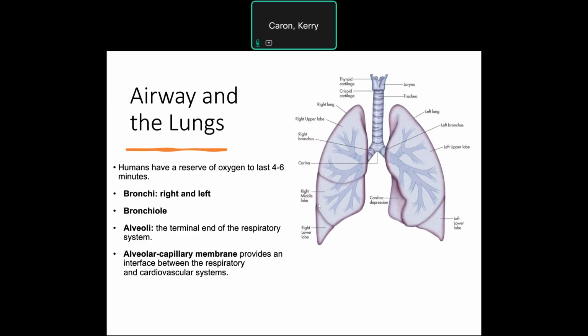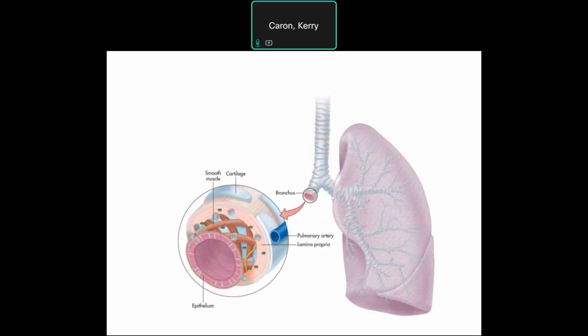The alveoli, remember, have that capillary bed on them, and that's called the alveolar capillary membrane. That's where the capillaries of the cardiovascular system and the alveolar surfaces interface. So this is where the cardiovascular system and the respiratory system kind of connect. So we go trachea, bronchus, bronchioles, alveoli.